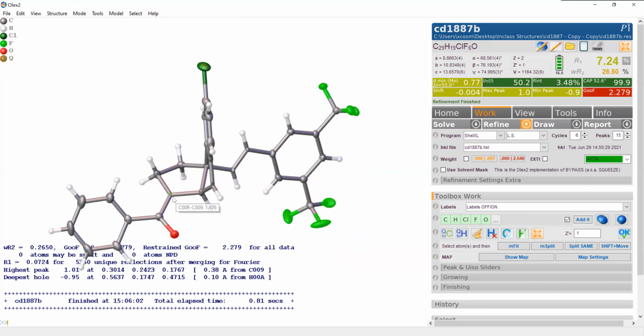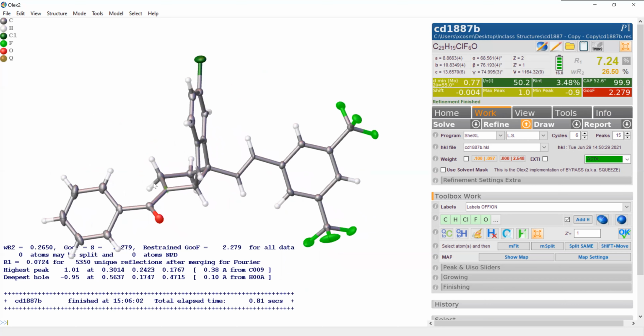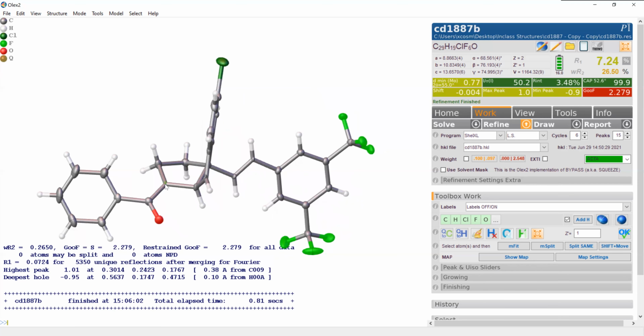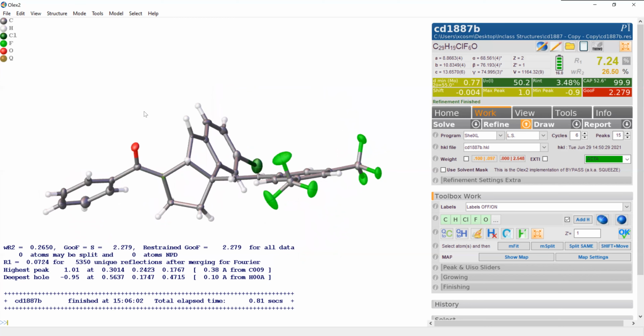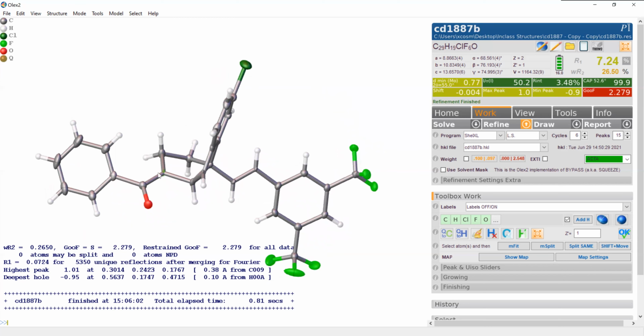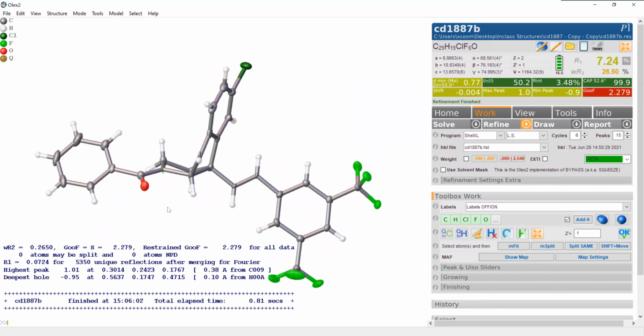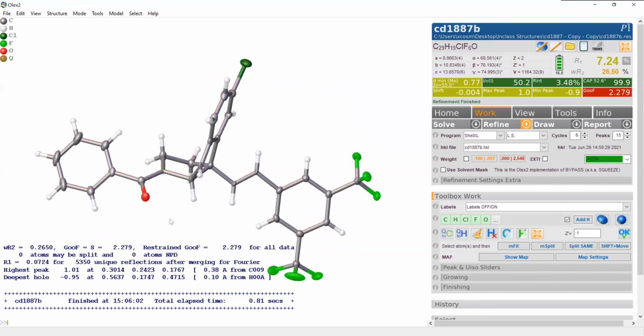Likewise, you'll see that when we did a calculate hydrogen atoms, it did not put any hydrogen atom on this position. And if there was no hydrogen atom placed on this calculated position, this may infer that maybe this is not a carbon. Because if this was an sp3 carbon, there should be a hydrogen atom that was produced.